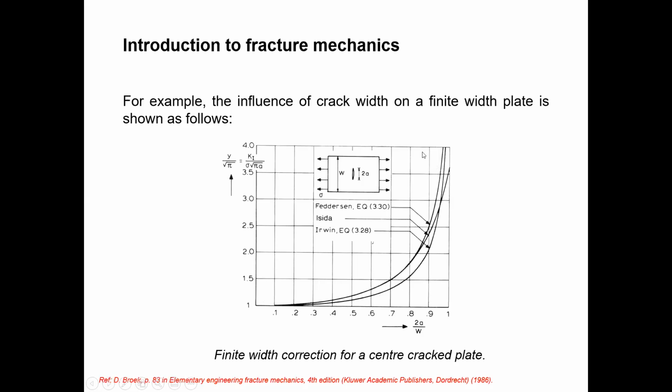Pedersen's one is something like this, and Sida has a different way. It will not reach 1, even though the ratio is 1, if it has not reached this maximum value of 4. So this is the variation.